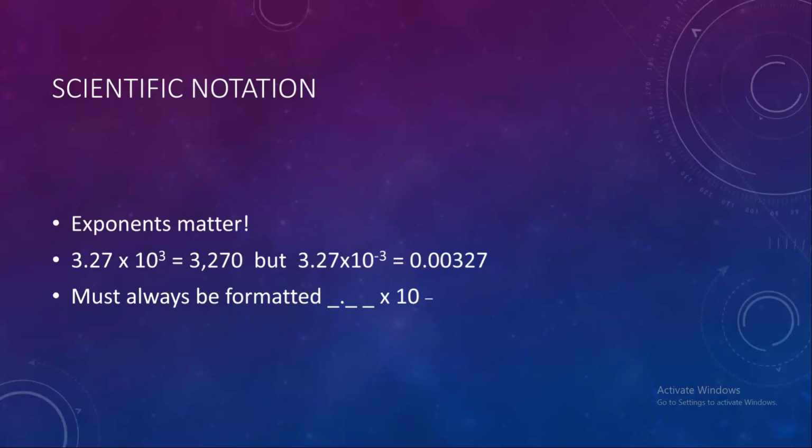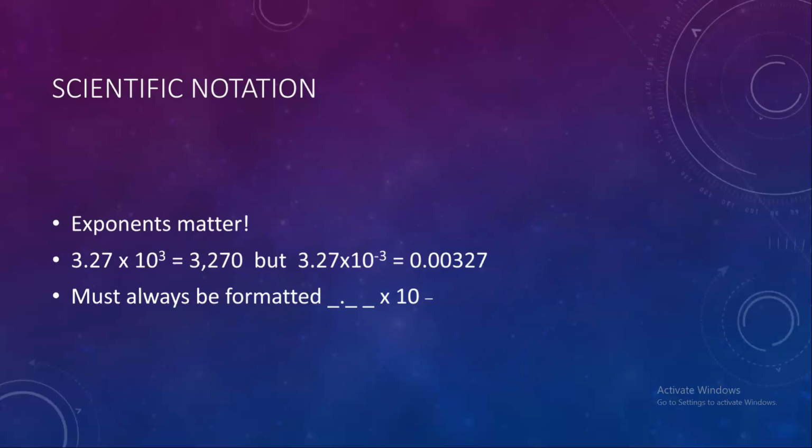Your scientific notation should always be formatted with a 1's digit, a decimal, and 2 more decimal places, times 10 to whatever you want up here. Now, I was lenient if you just wrote times 10 to, say, the 5th, however you typed it out to give me the inclination that you knew there was going to be an exponent.